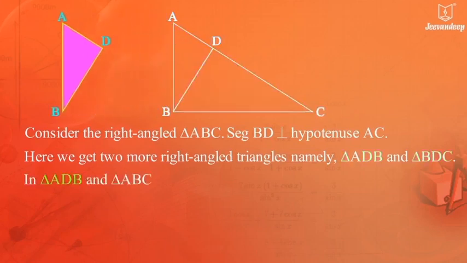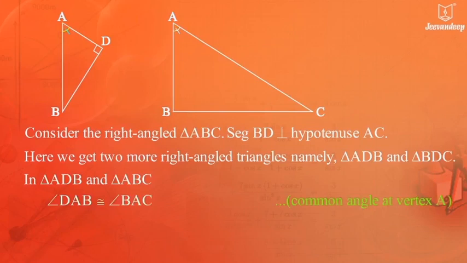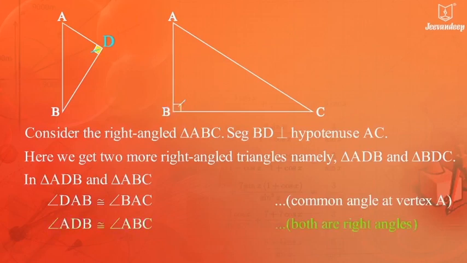In triangle ADB and triangle ABC, angle DAB is congruent to angle BAC, being the common angle at vertex A, and angle ADB is congruent to angle ABC, as both are right angles.